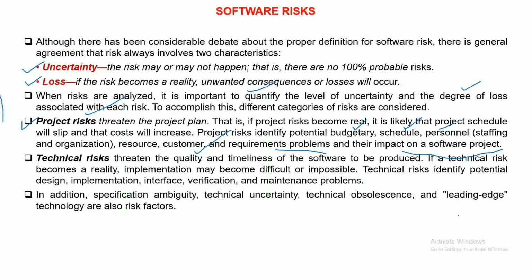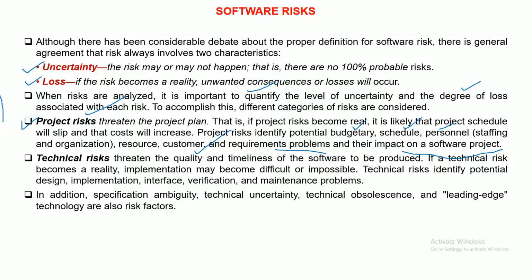And timeliness of the software to be produced. Again, the timeline, the schedule, the target, whenever you have promised to deliver that particular software, that software delivery may get delayed.